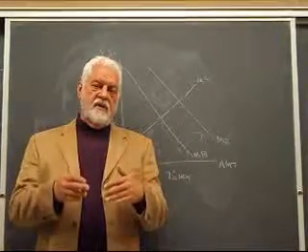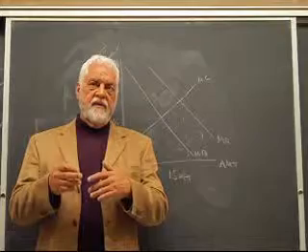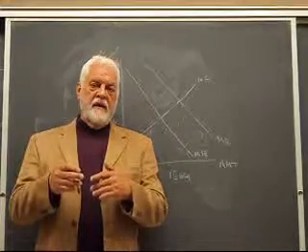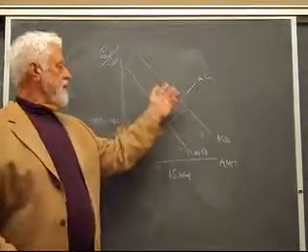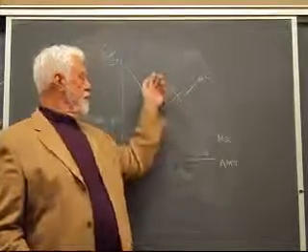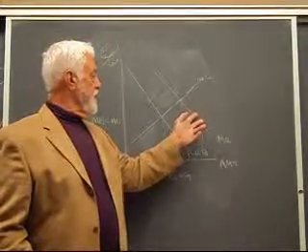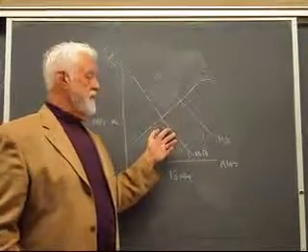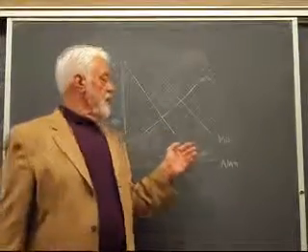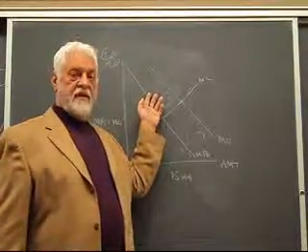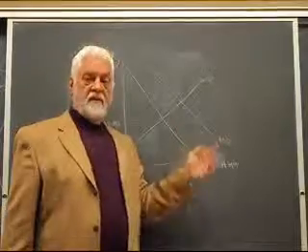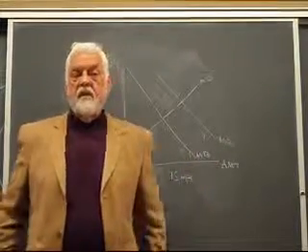So when these curves shift, you're going to make different decisions, different choices. If the benefits increase, you're going to drive faster. If the benefits decrease, you're going to drive slower. If the costs increase, you're going to slow down. If the costs decrease, you'll drive faster.